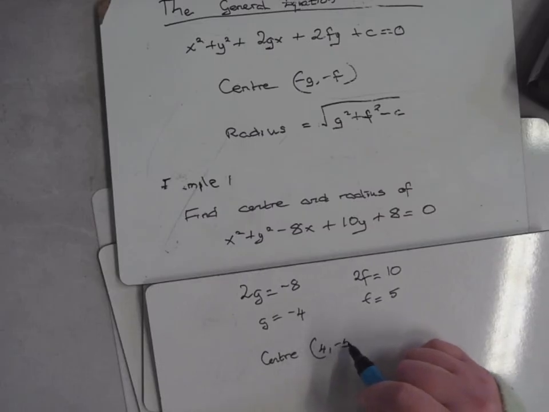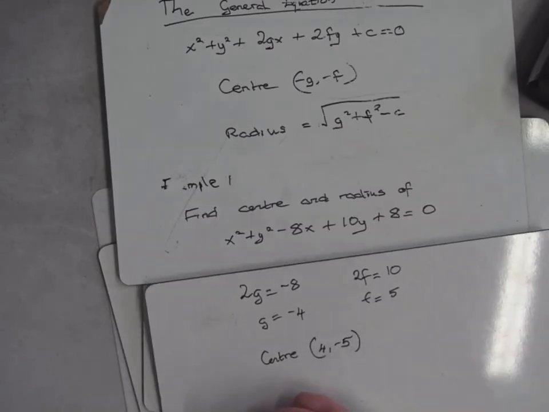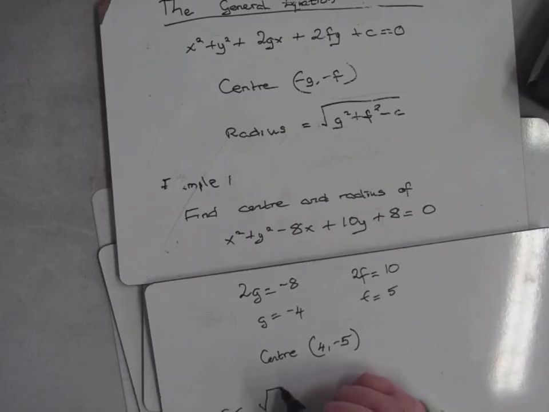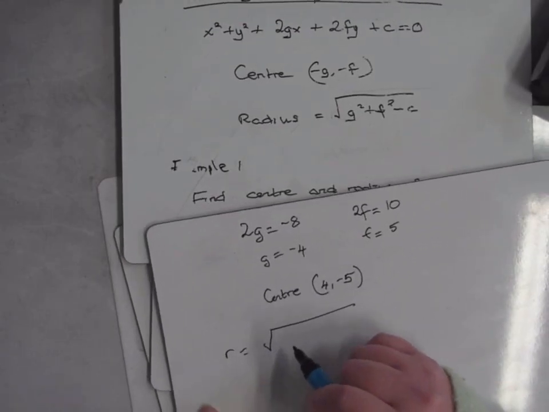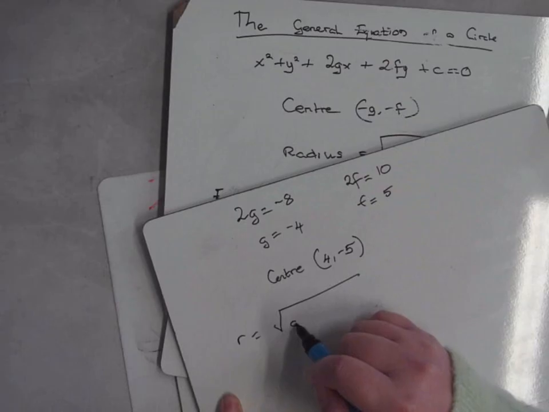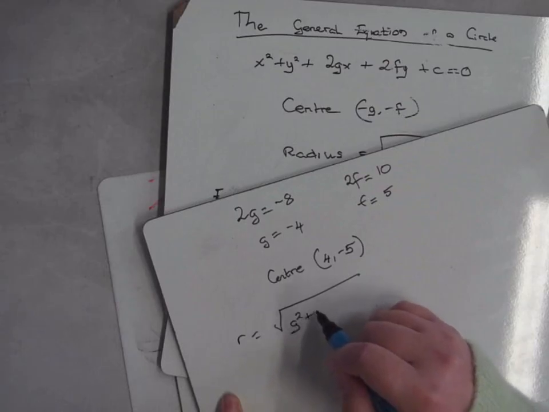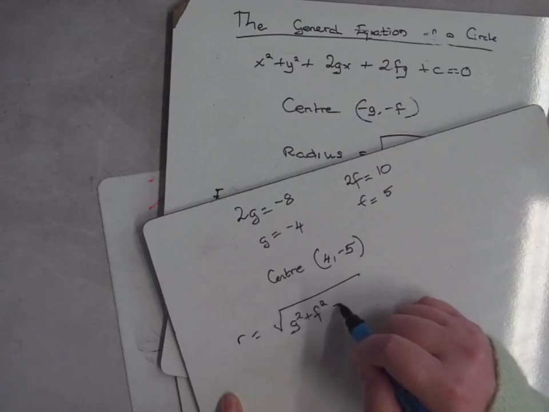Lovely. And then the radius, you just fill in the formula, square root of g squared plus f squared minus c.